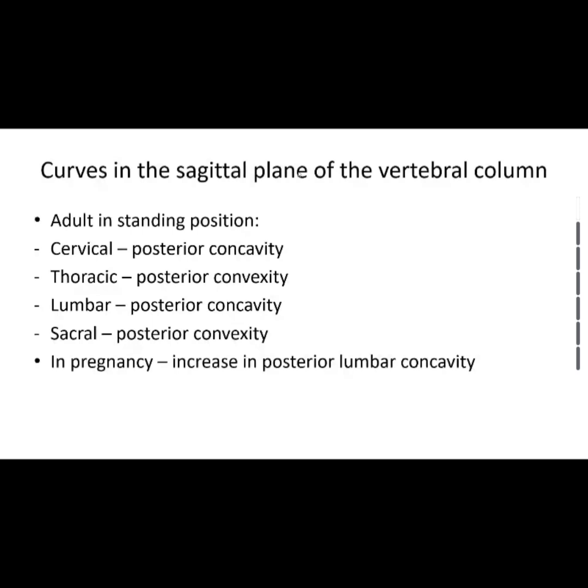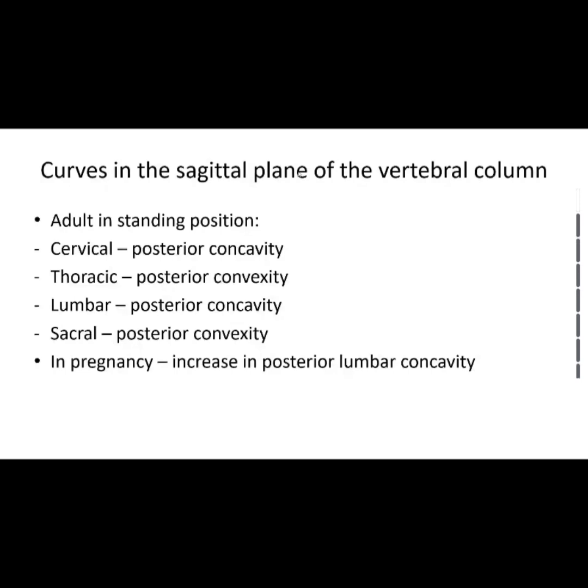There is an increase in lumbar lordosis. I'm sure most of you have seen pregnant mothers, and the lumbar concavity seems to increase because of the adjustment of the weight.